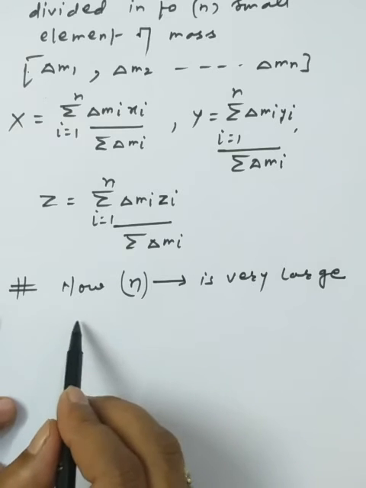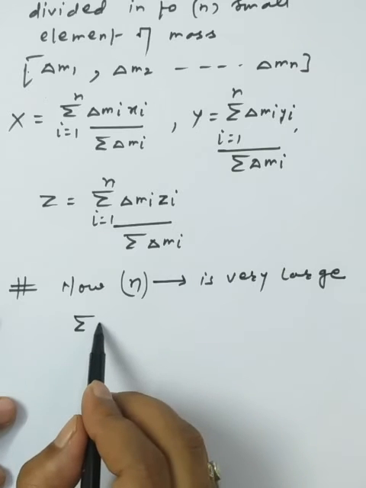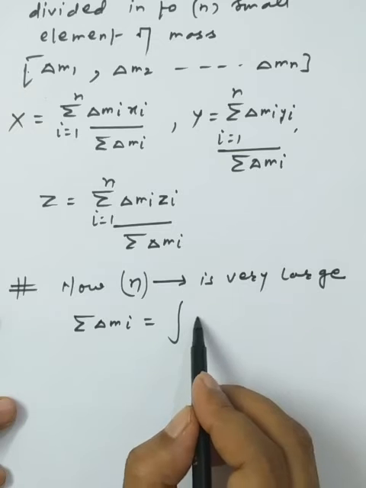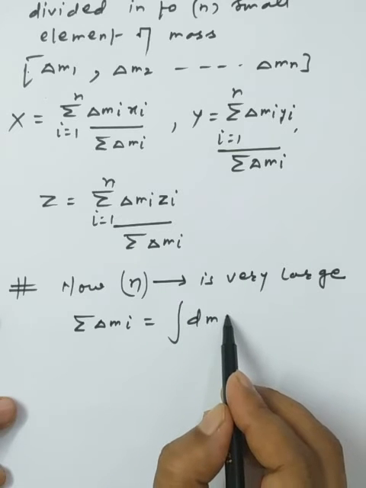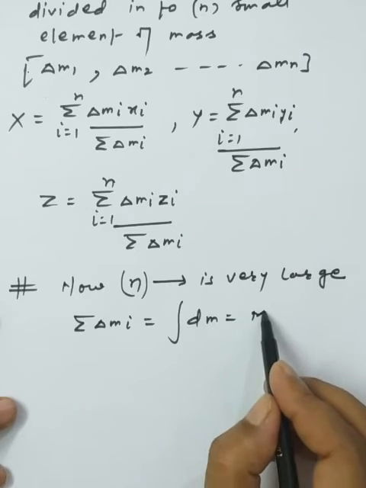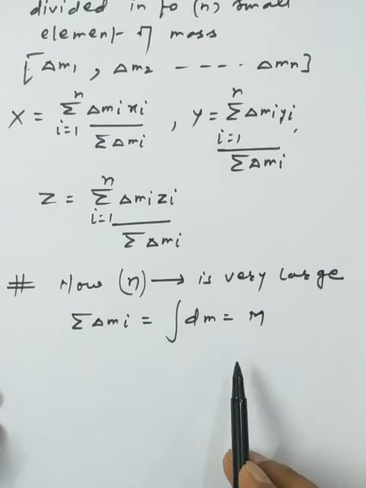Okay, so here I am making a little change: summation delta mi can be stated as the integral of dm, and that is the total mass M. So this is the simple method to calculate the whole mass distributed over a body, and as n is very large, we replace the summation by the integral method.